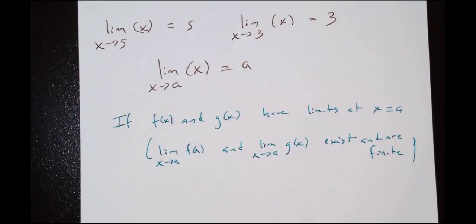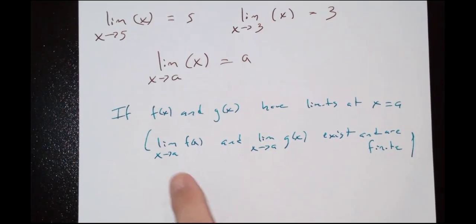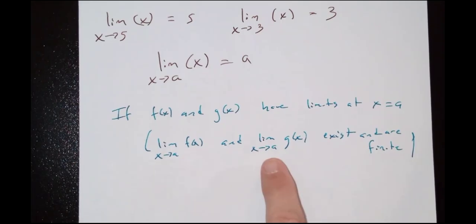And at some point a, they have limits. In other words, this expression, the limit as x approaches a of f of x, and this expression, the limit as x approaches a of g of x, both exist and are finite. They're real, regular, ordinary numbers. I don't want to deal with infinities. I don't want to deal with anything weird like that, just numbers.